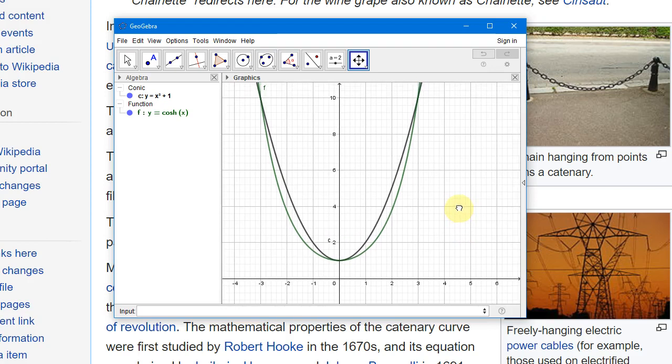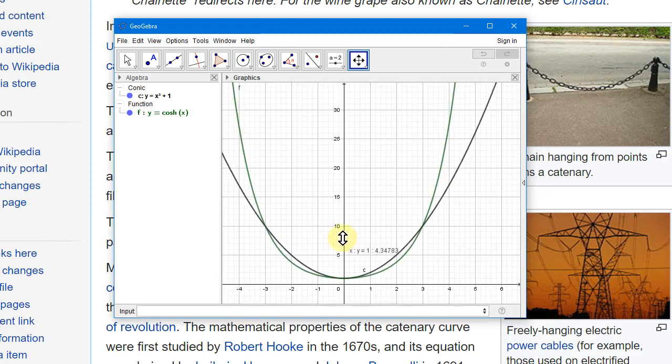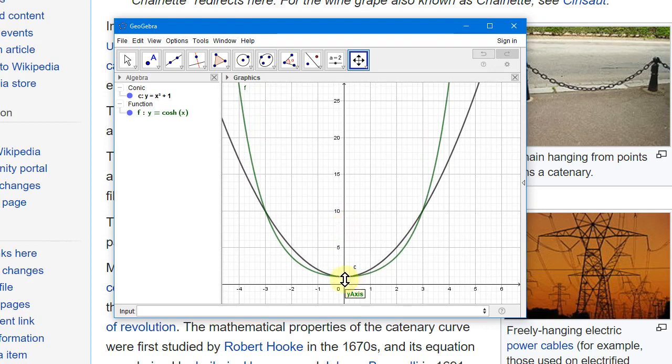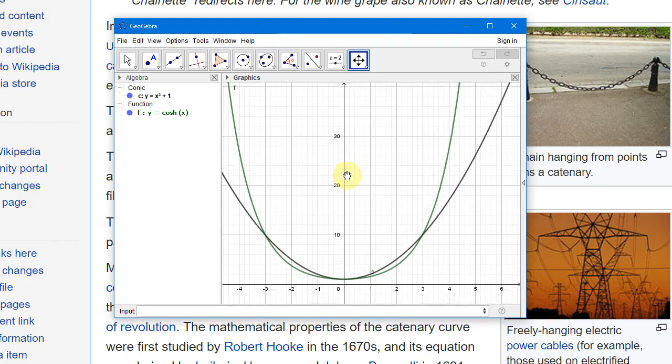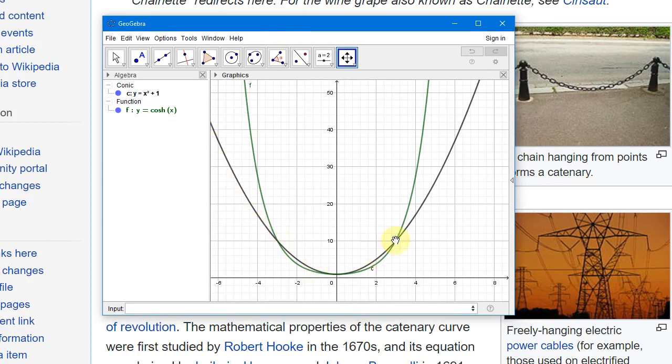It looks like cosh is like a parabola, but zooming out a bit, we can see they end up having kind of different shapes. So a parabola starts out increasing a little bit faster, a little bit steeper here, but then pretty soon the cosh curve gets bigger. And if we zoom out a little bit more, you can see that they're really not quite the same kind of shape.